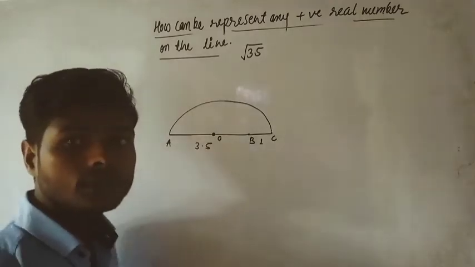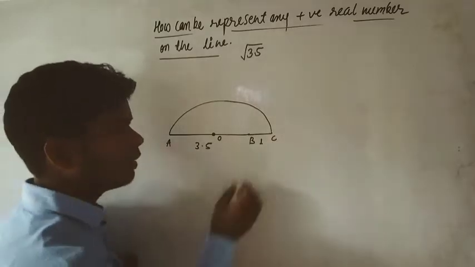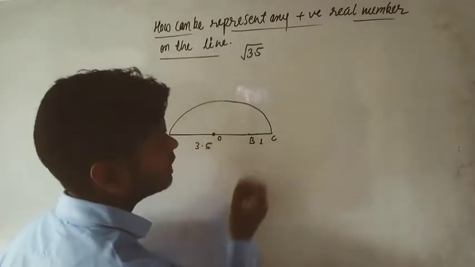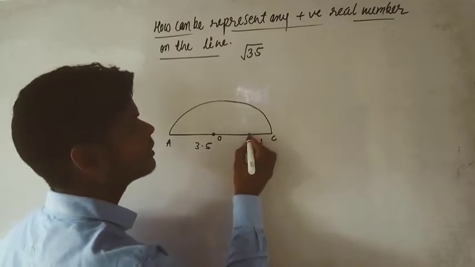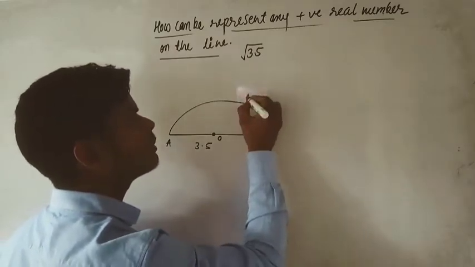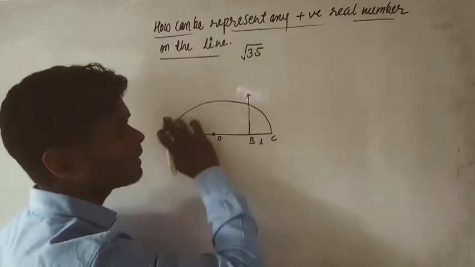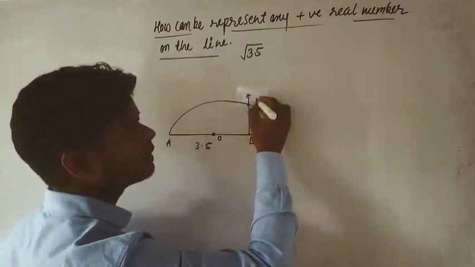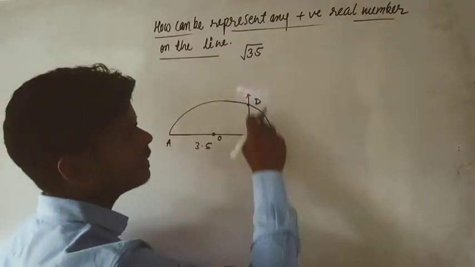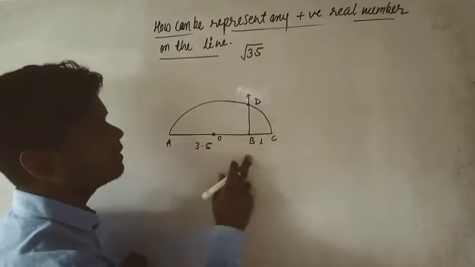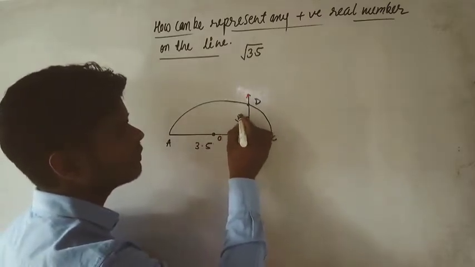Now we draw the perpendicular at the point B. Suppose that this perpendicular line cuts this semicircle at a point D. The distance BD represents square root 3.5.